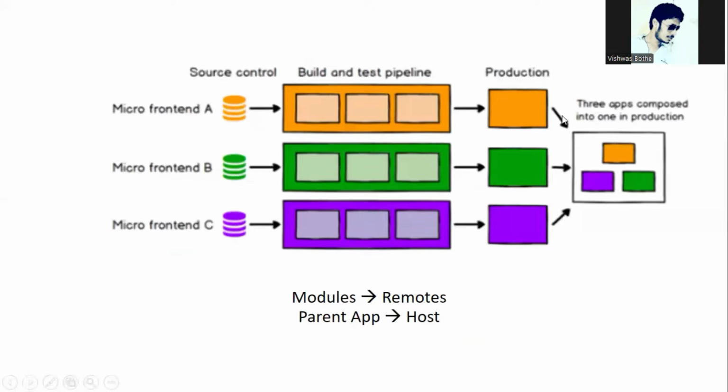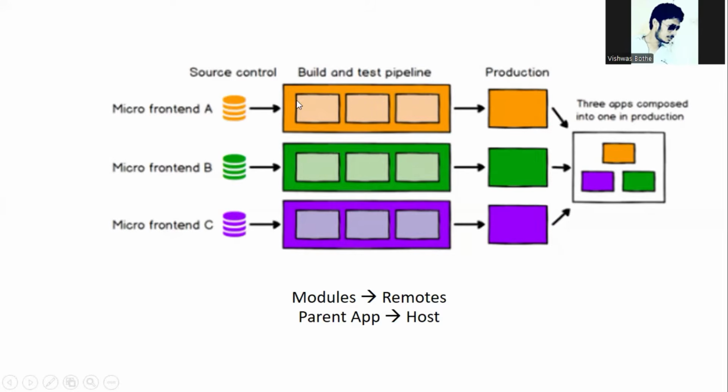Now, to understand this change with the help of a diagram, consider we have three different micro frontends. Micro frontends are nothing but the three different modules. Each module has its own separate repository, and then they can have their separate CI/CD pipeline.